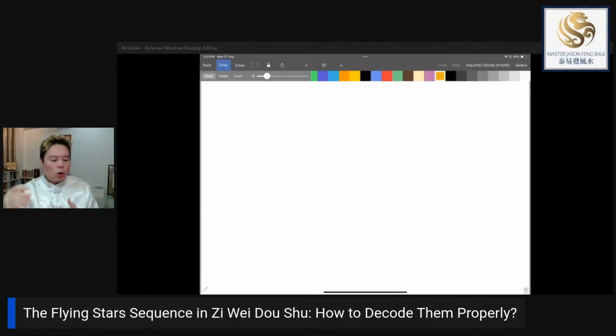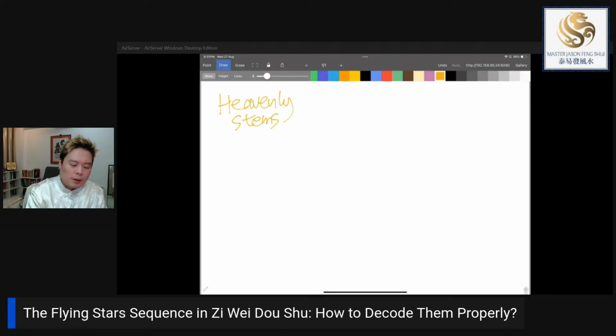Okay, so for all who are familiar with the flying stars of 紫微斗数, the flying stars follow the heavenly stems for the locating of the stars. So I will write it down for you to help you remember the sequence first.